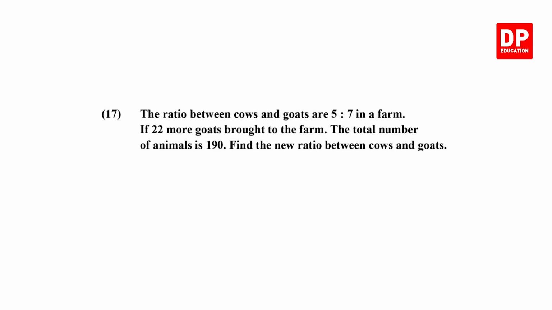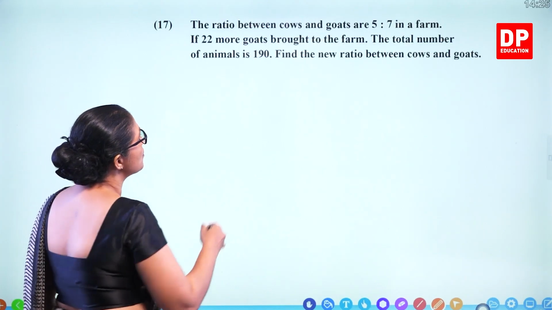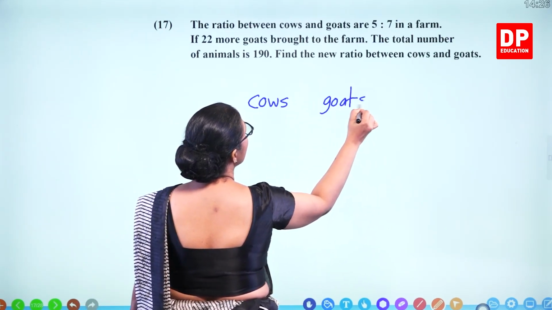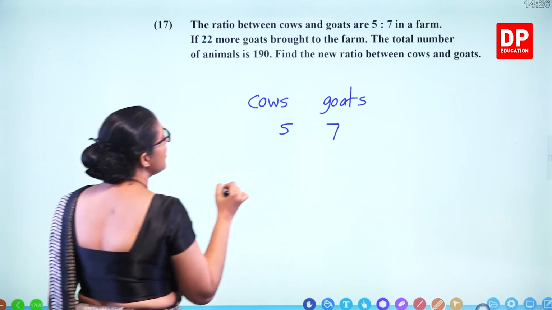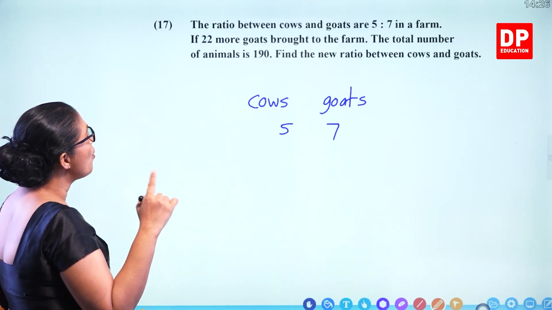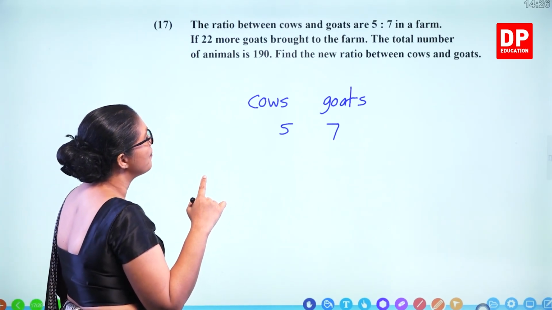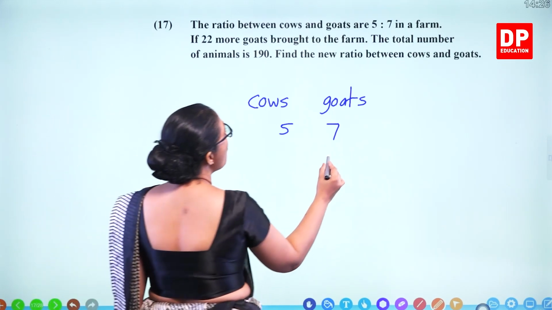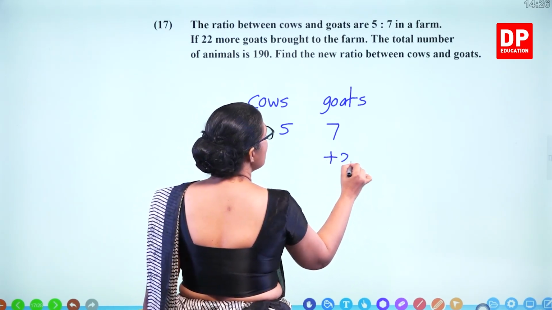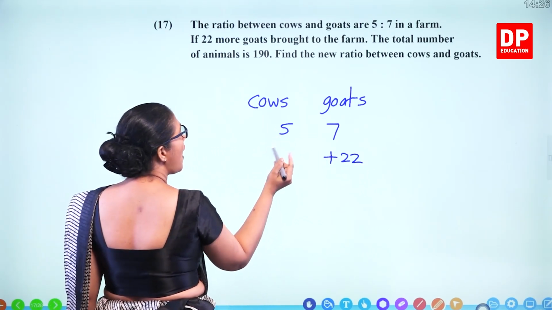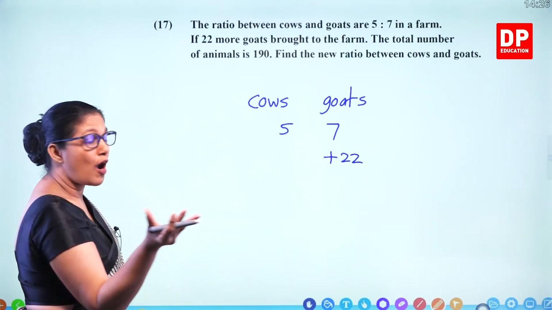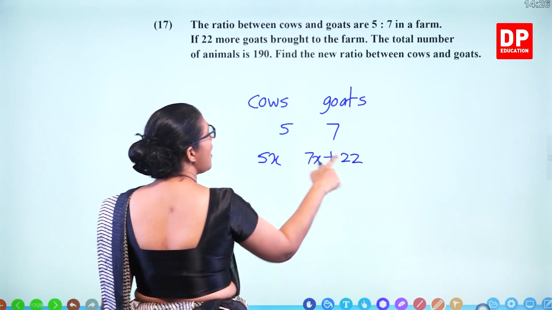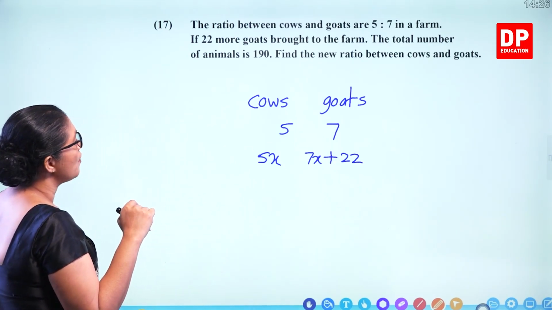Question number 17. The ratio between cows and goats, cows to goats, is 5 to 7 in a farm. If 22 more goats are brought to the farm, the total number of animals is 190. So if we take the actual number of cows 5x, and goats 7x, and we are adding 22 goats now.